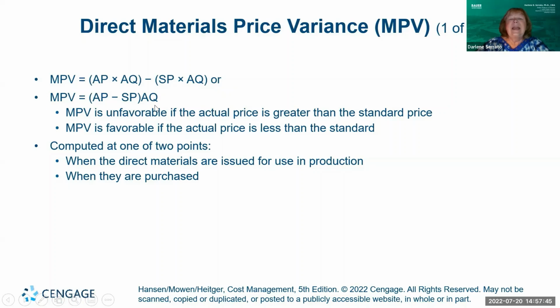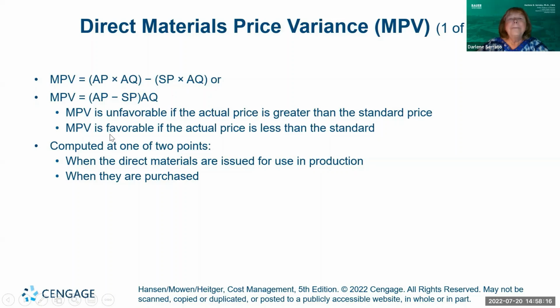I use the second formula. Actual minus standard in parentheses times the AQ. So how much is price responsible for what portion of that total variance? A is greater than S, it's unfavorable. When A is less than S, it's favorable.